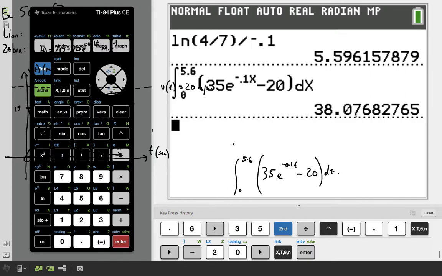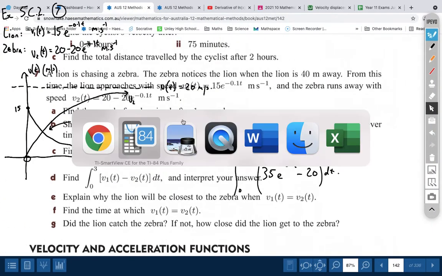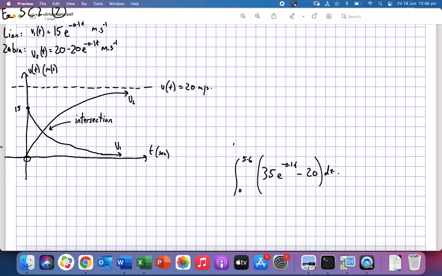The lion was 40 meters away. The lion's going faster than the zebra at the start. You need to see this background, right? So it's covering more distance because its speed's higher. The zebra's starting from standstill. It's not covering as much distance, right?